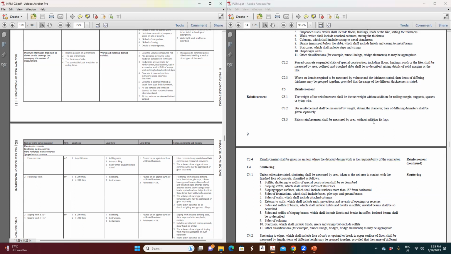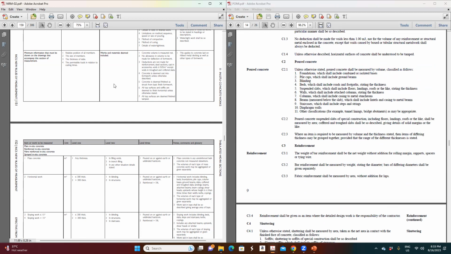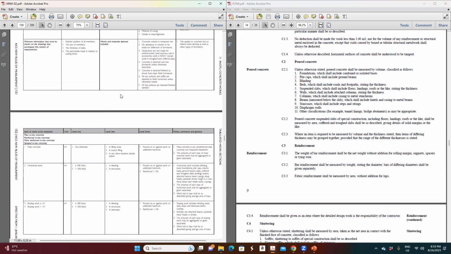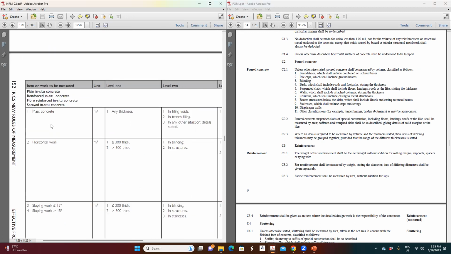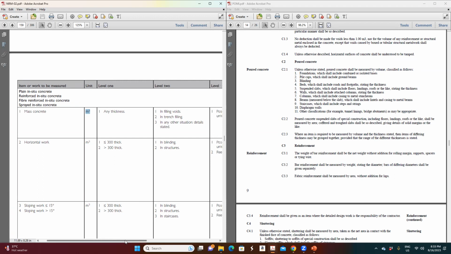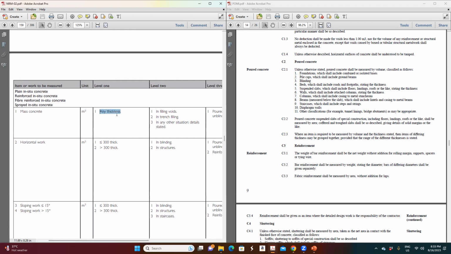So now we see about the concrete, how the NRM talks about it. Okay, NRM, they said mass concrete. Okay, it's in a meter cube. Mass concrete means it's a concrete, pure concrete itself, what you are getting from the batching plant. In any thickness, they say any thickness can be.